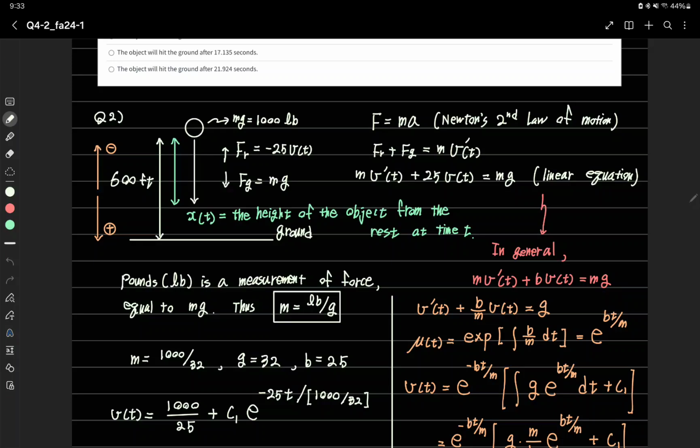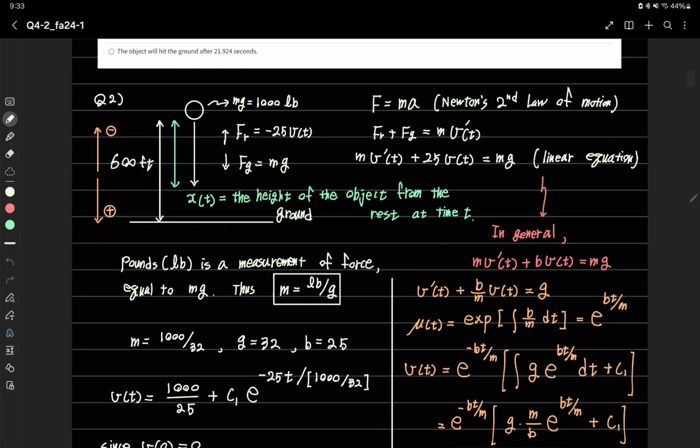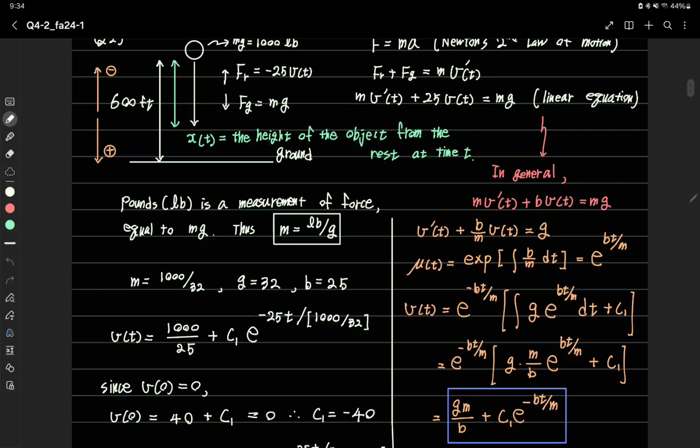So let me use the method of integrating factor. First, I'm going to rewrite this in the standard form of the linear equation by dividing both sides by m. Then we get v prime plus b over m times v equals g.